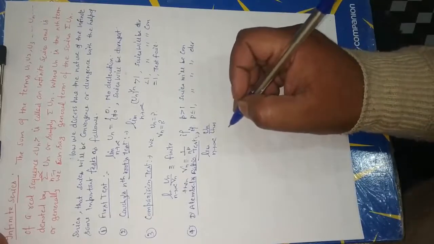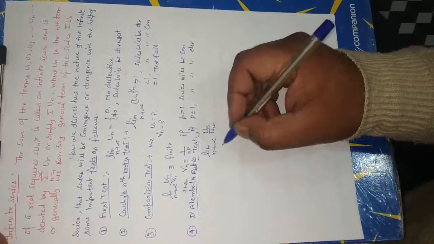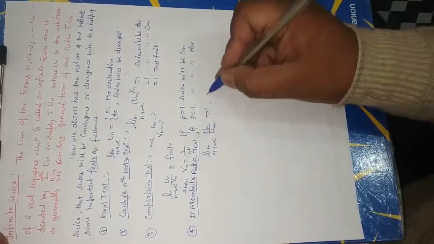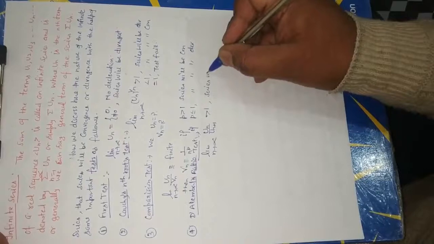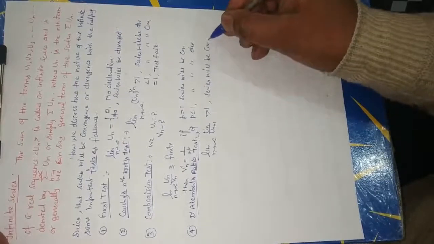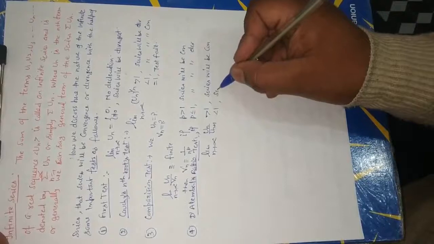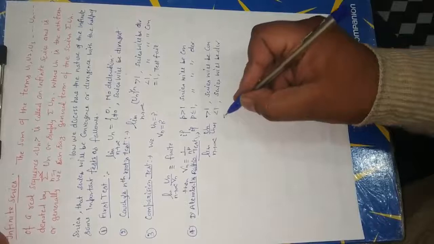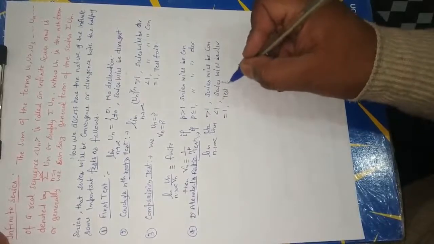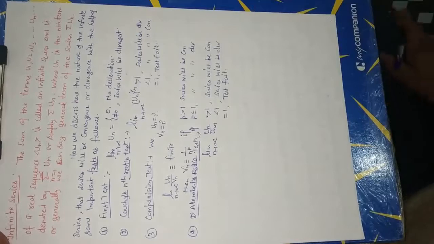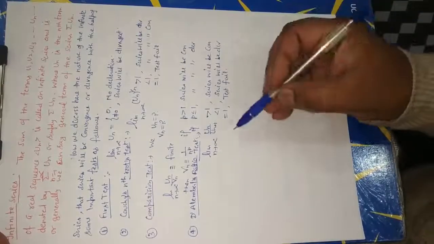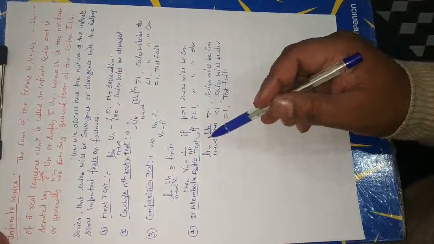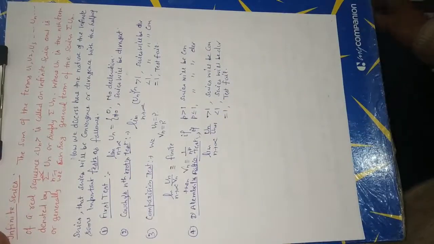The value of un upon un plus 1 at limit n tending to infinity, greater than 1, so the series will be convergent. Lesser than 1, the series will be divergent. Equal to 1, test fails. The most important concept in this test: if the series has x terms or factorial terms, then we apply the D'Alembert test directly. Okay.